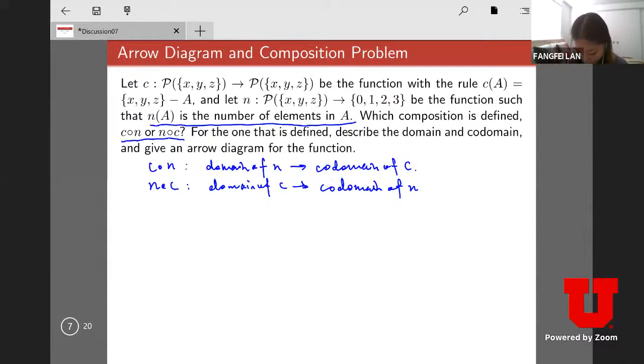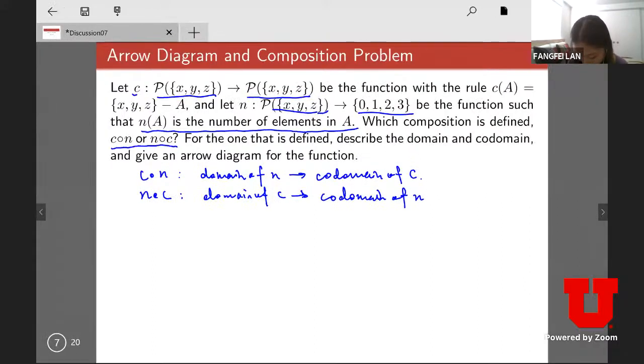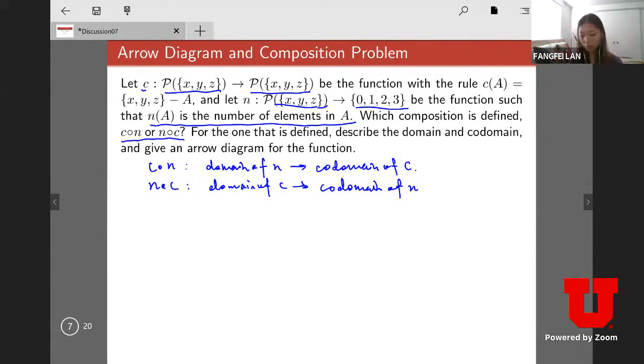So we know that C is from the power set to the power set, and N is from the power set to another set. If we want a composition, the codomain of the first function needs to become the domain of the second function.